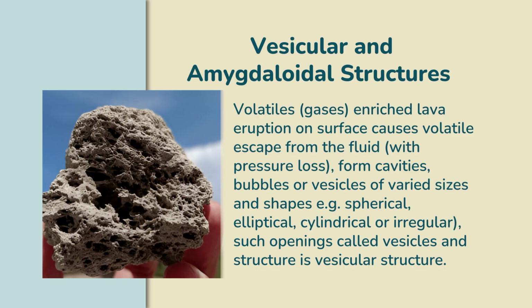As you understand, magma is a molten rock material. When it comes to the surface, it is called lava. Lava is always loaded with volatiles, gases. Lava eruption on the Earth's surface causes volatile escape from the fluid.